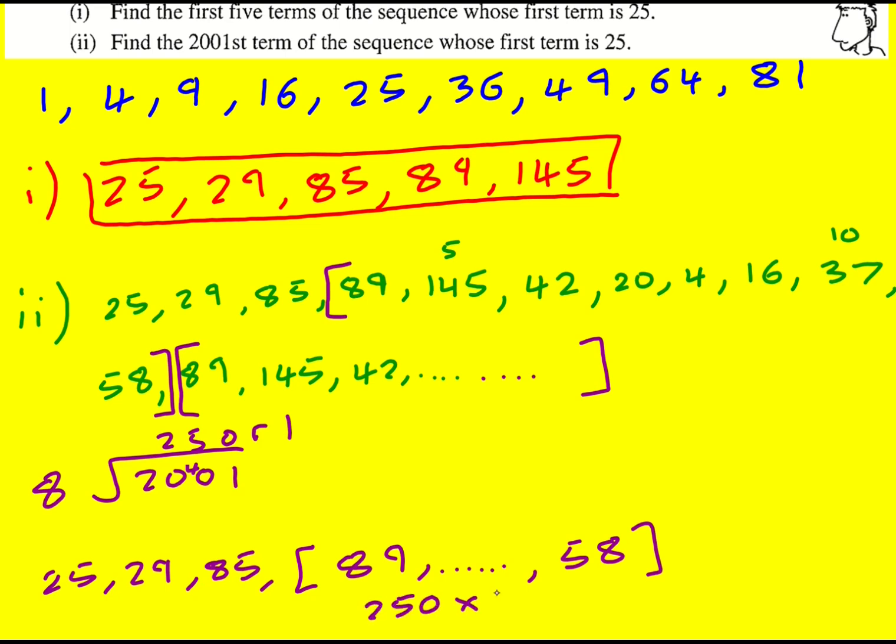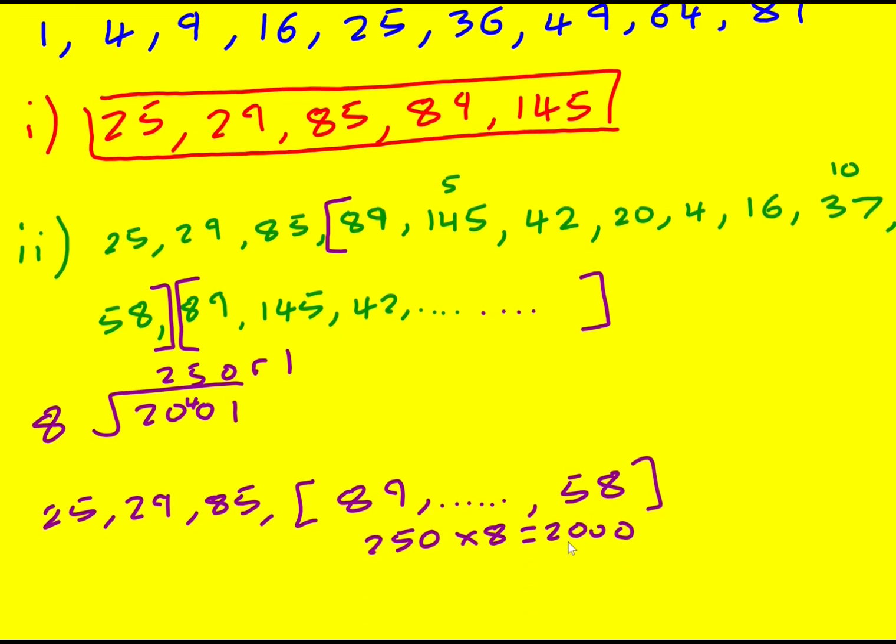So 250 times 8 gives me 2,000. So I've got 2,000 terms contained in here, which means that this 58 here is going to be the 2003rd term.